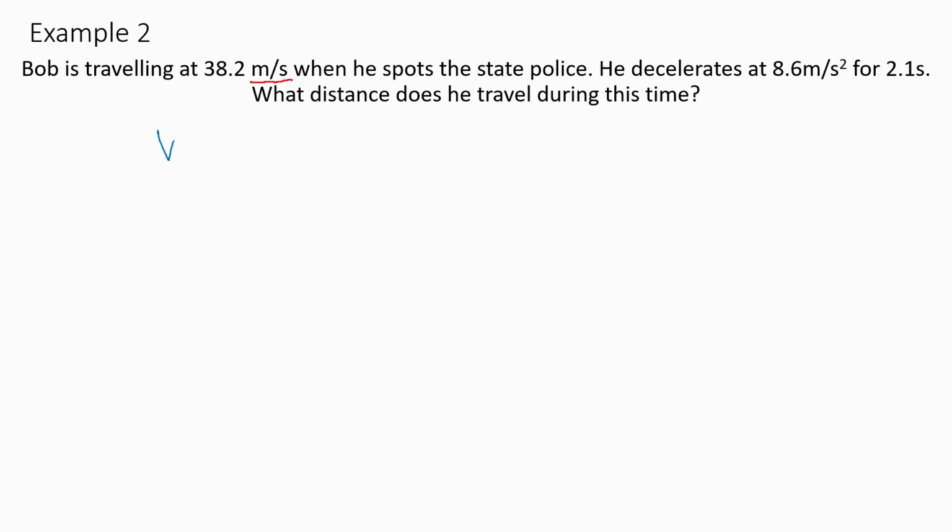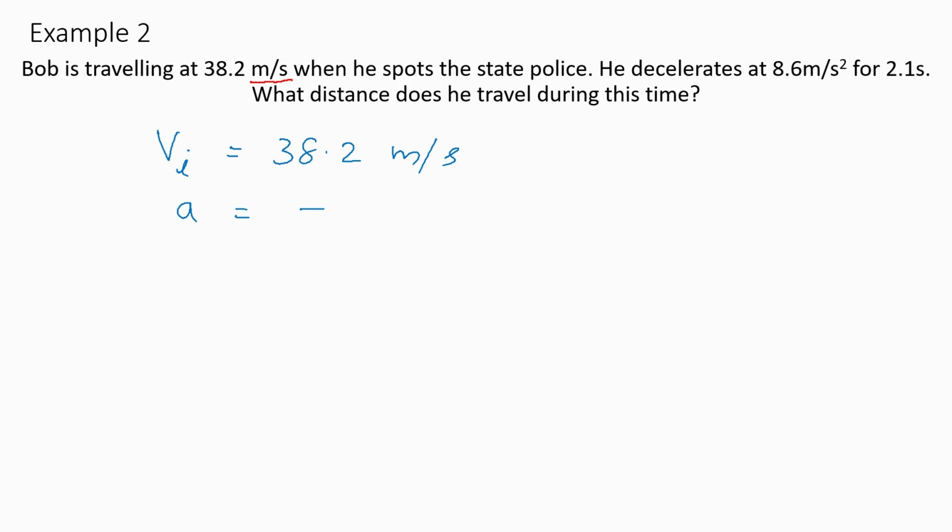So initial velocity V0 is given here, or Vi. Initial velocity Vi is equal to 38.2 meter per second. Then, as he is decelerating, acceleration is a negative value because speed is decreasing here.